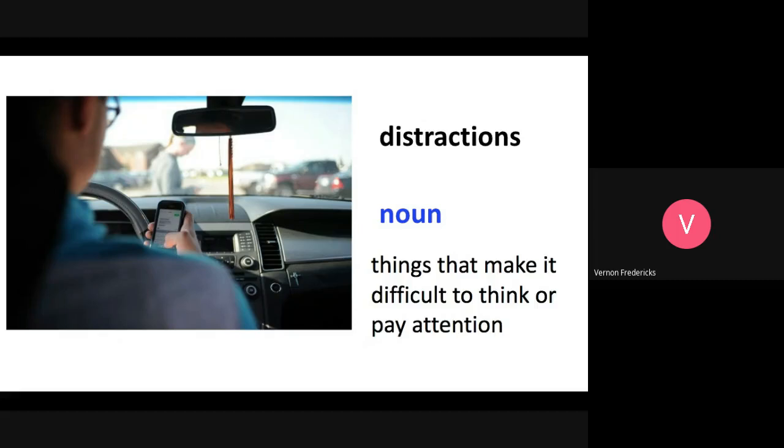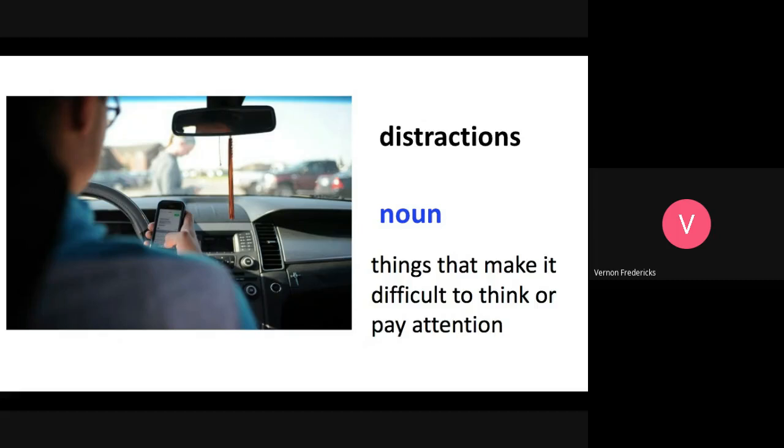There might be an accident because of the mobile distraction. And we also do this sometimes. We sit on our mobiles and we drive. Our mobile is a distraction that can cause an accident. This is a noun, distractions.